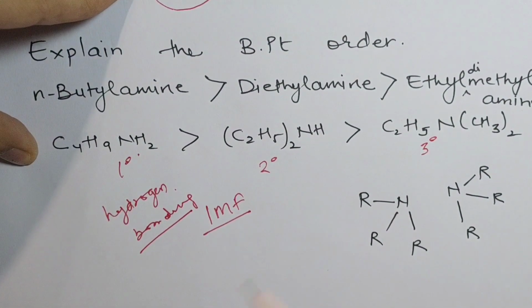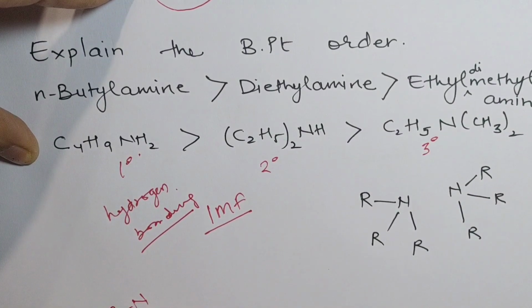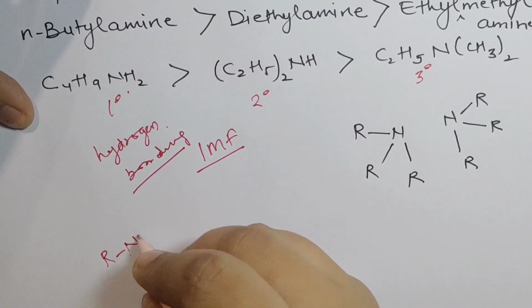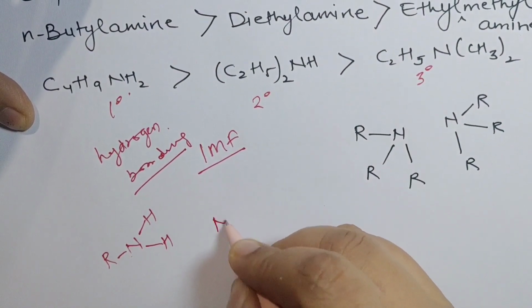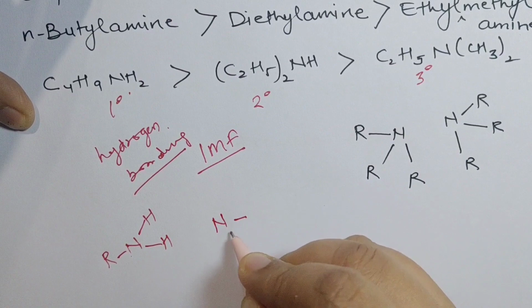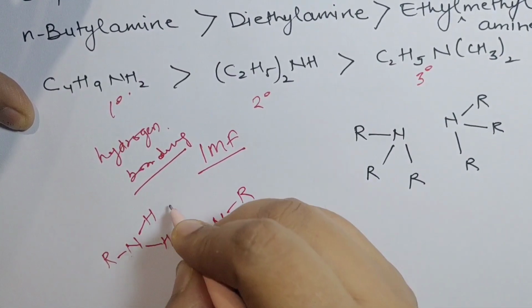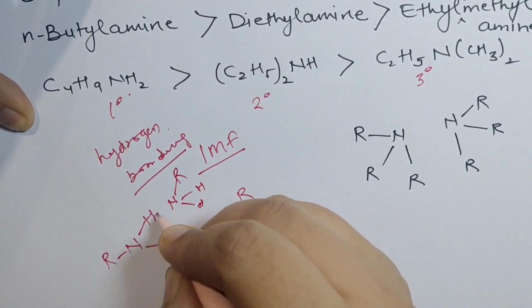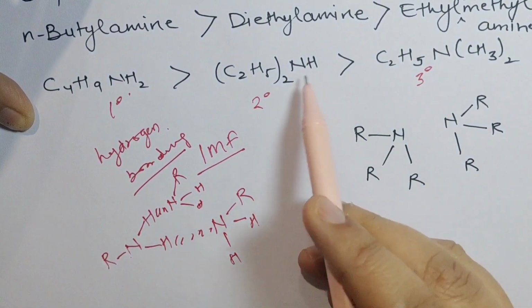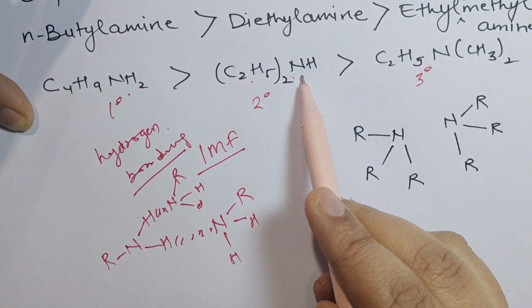We just saw in the previous question that primary amines, since they have two hydrogens bonded with them, have a greater chance of hydrogen bonding. But when we talk about secondary amine, because there is one hydrogen less, the extent of hydrogen bonding would be less.